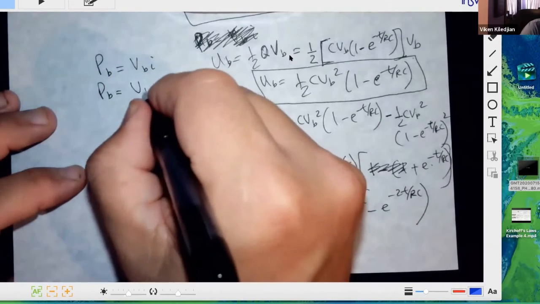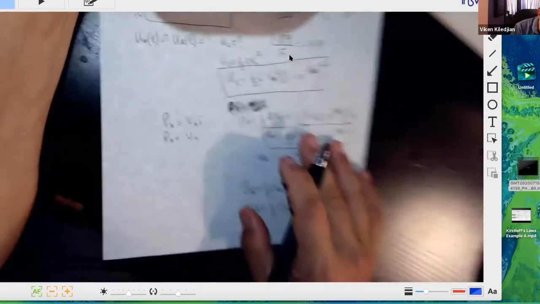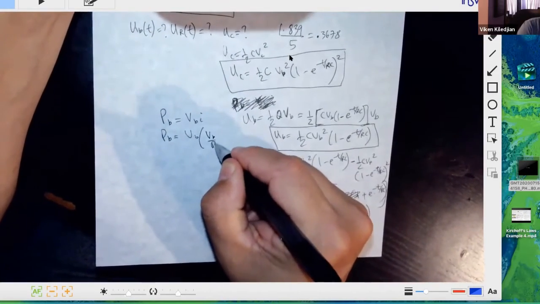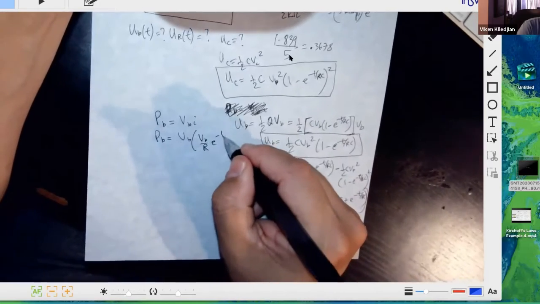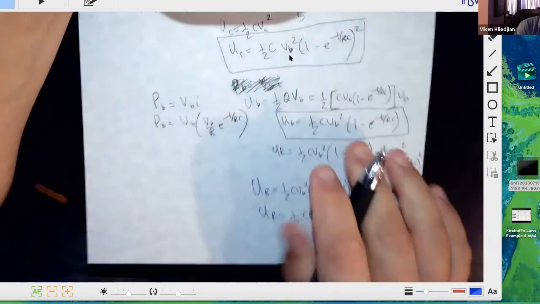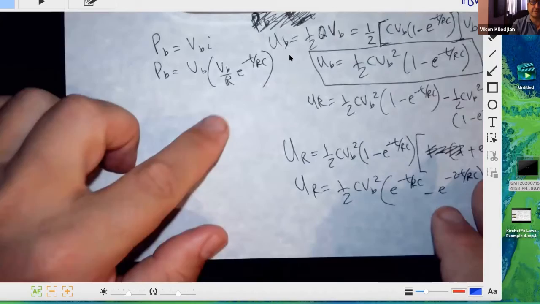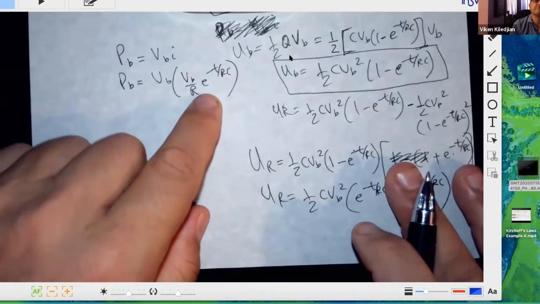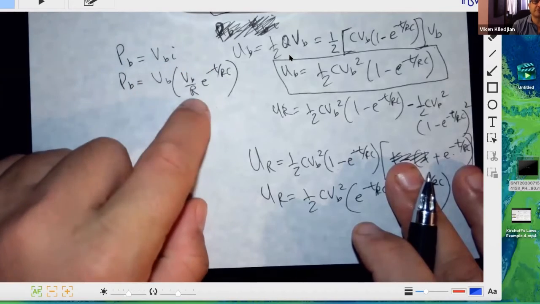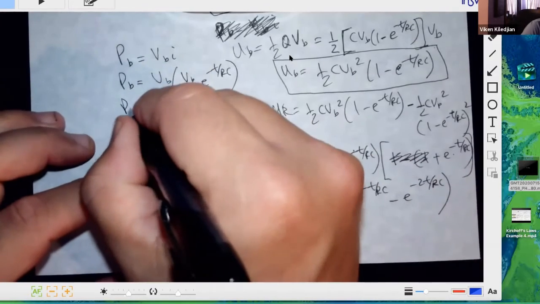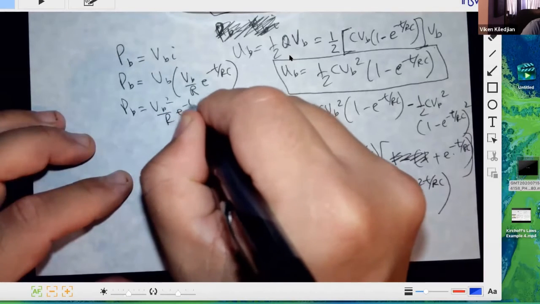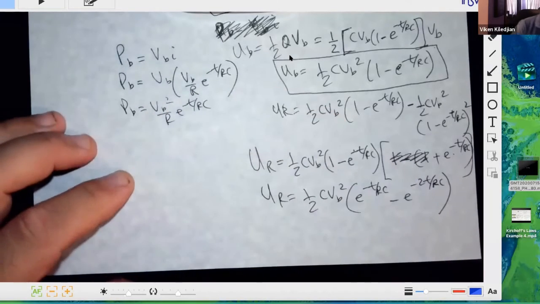And then the current in the circuit is going to be VB over R e to the minus t over RC. Oh, you have to be careful. Yep, that's the better way. So the power of the battery is VB squared over R e to the minus t over RC.